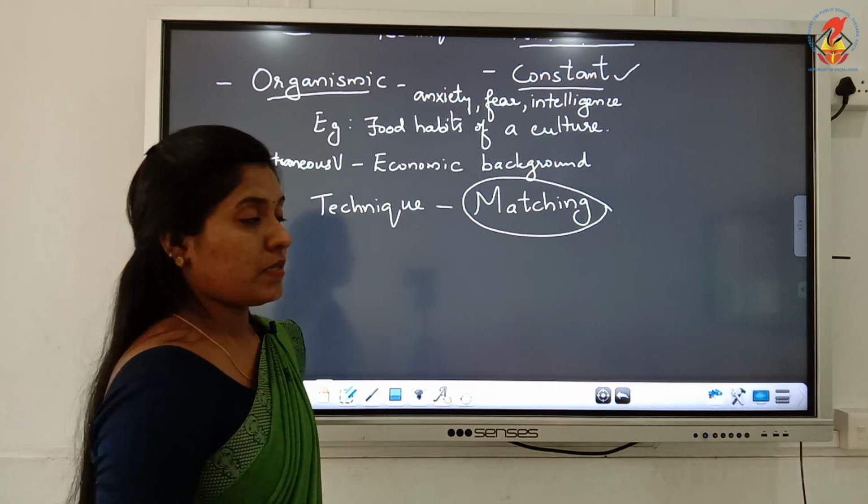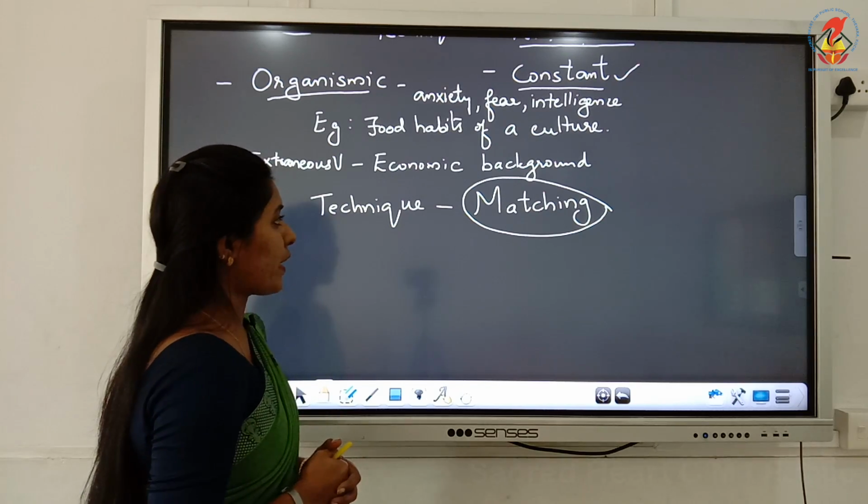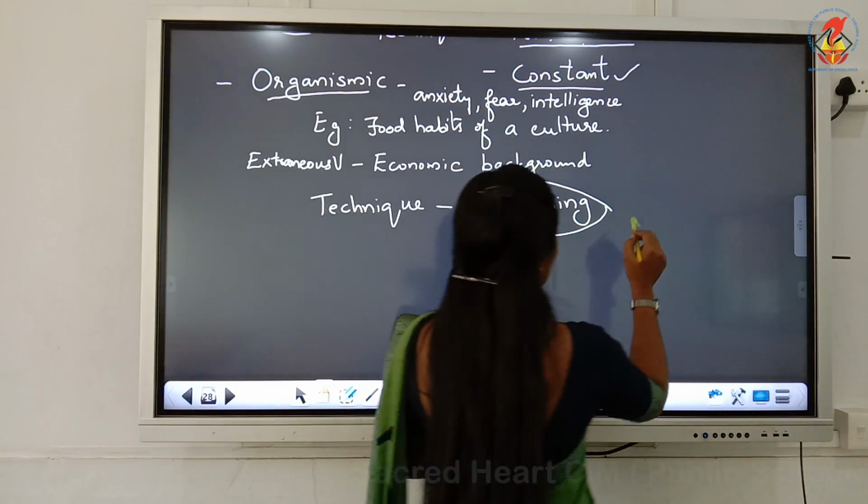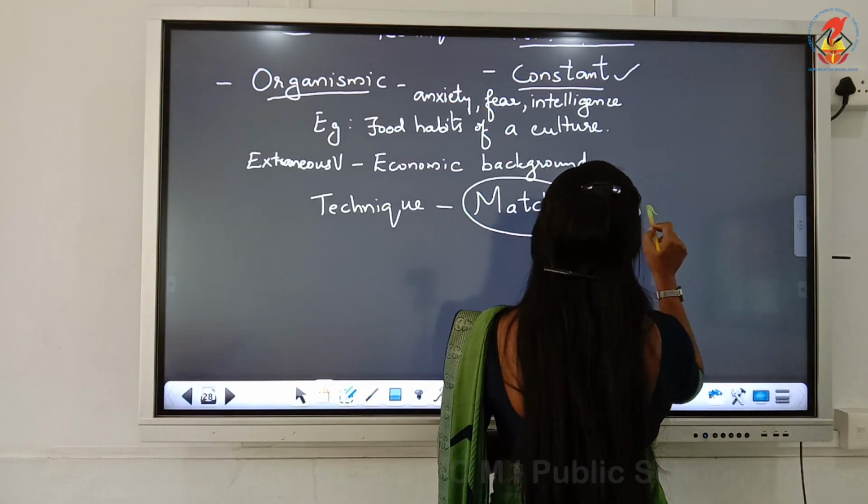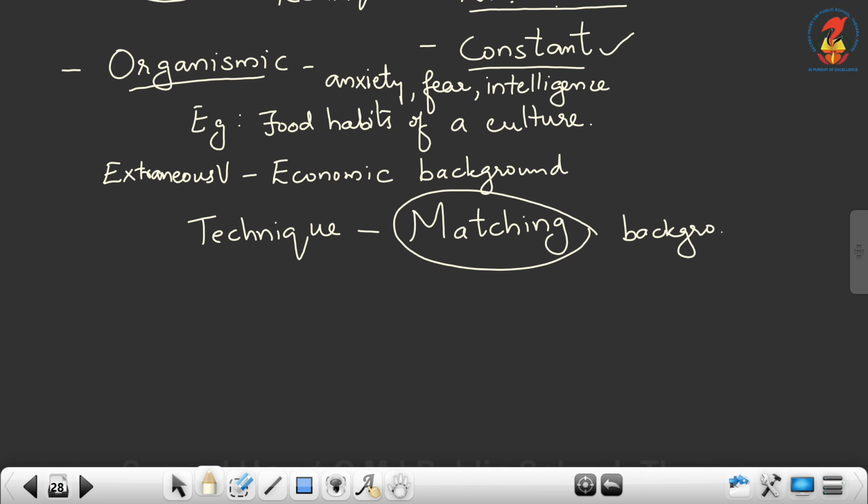So how can we match? We can match the background of people. We can select participants or groups from a similar background. Then we can select the matched pairs.